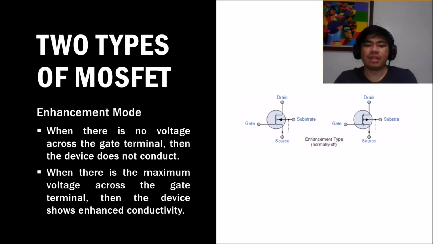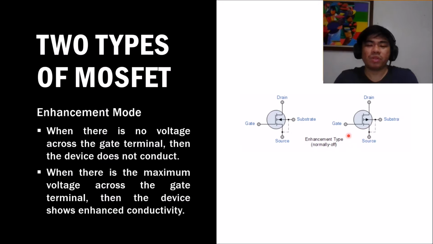Just like depletion mode, it has two channels, namely N channel and P channel. The N channel has the arrow going into the gate, while the P channel has it going out from the gate.